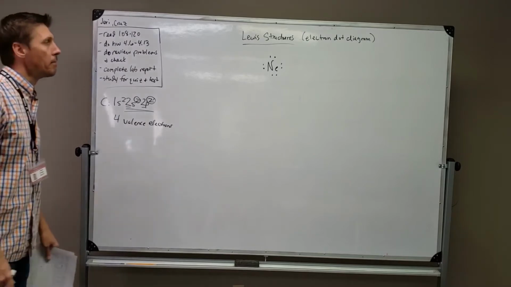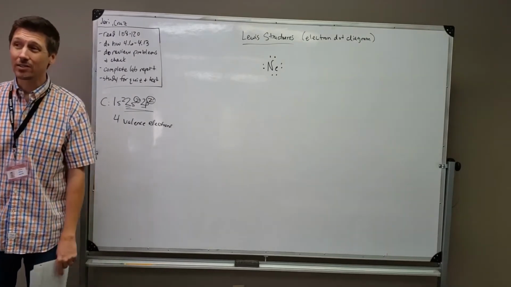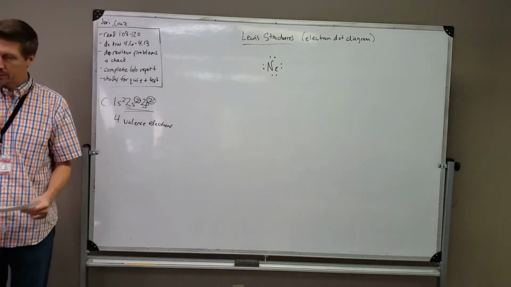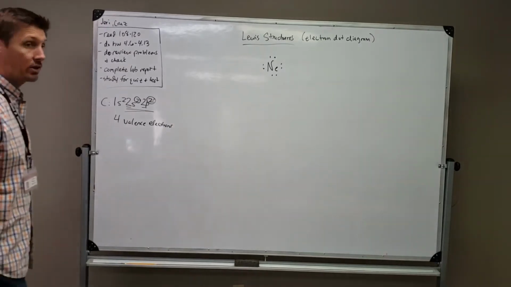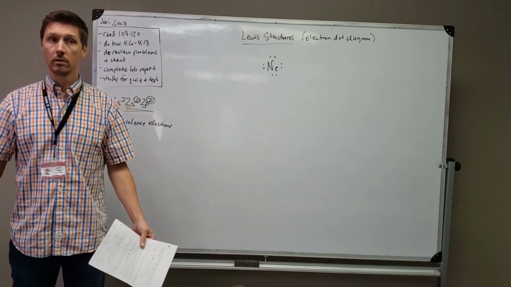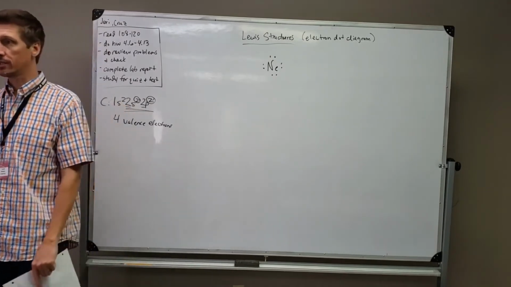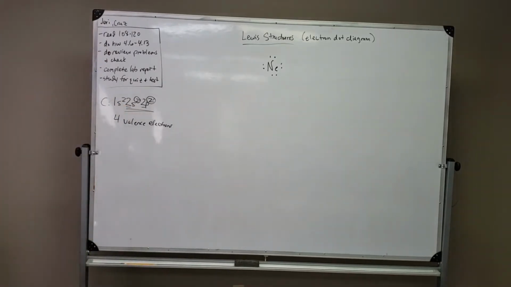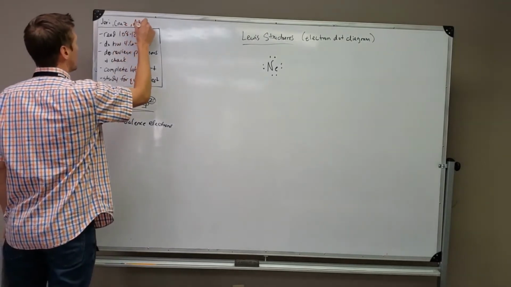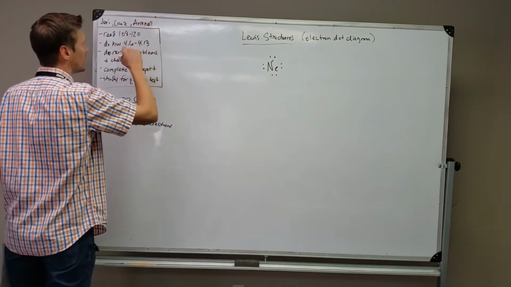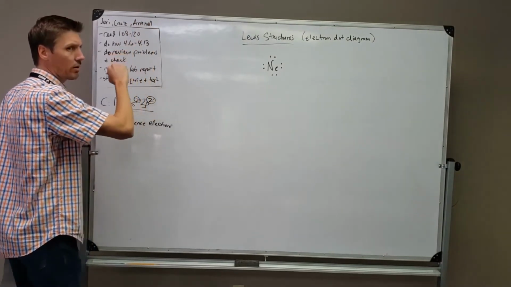Neon is element 10. So how many electrons in total does neon have? 10. The atomic number represents the number of protons and the number of electrons. So it has 10 electrons. But is it 10 dots? No, it's just 8, right? Yeah. Okay.